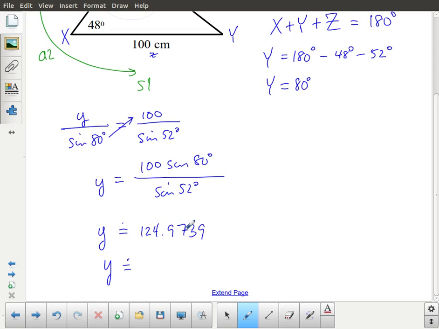So this 7 would round this 9 up to a 0. So this actually rounded to 1 decimal place is 125.0. I notice that there are units here, so therefore y equals 125.0 centimeters is my final answer.